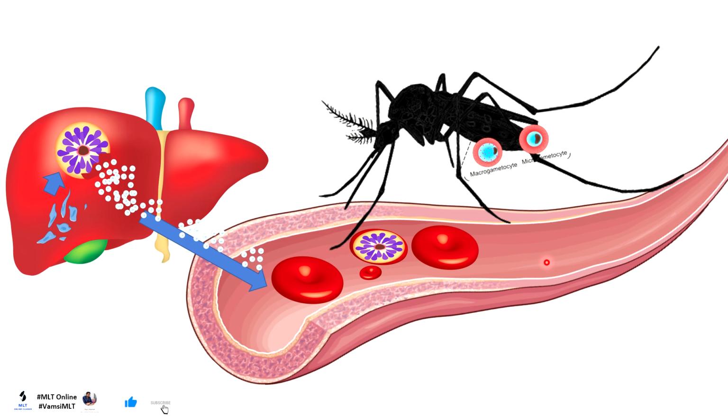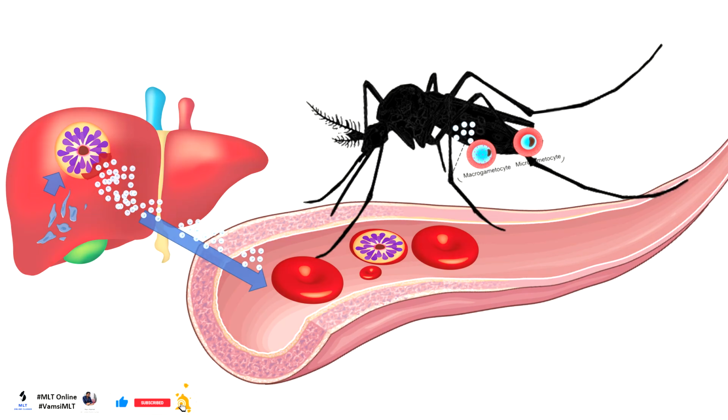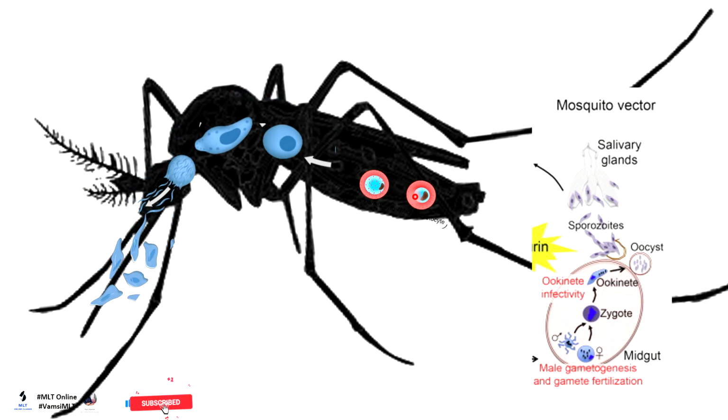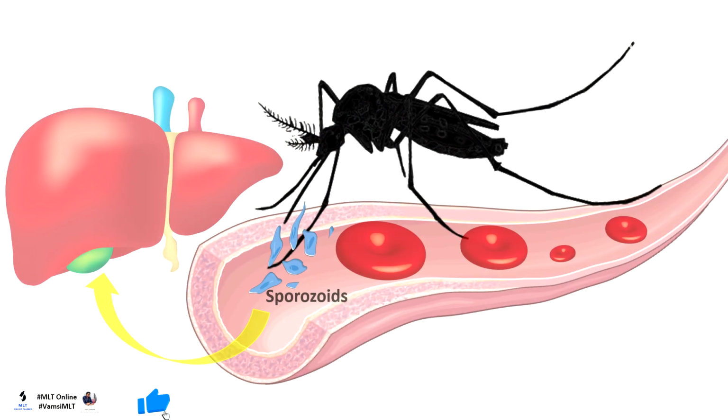Now the mosquito life cycle will start in the mosquito. So let's see what happens in the mosquito. The macrogametocytes and microgametocytes will undergo sexual transformation within the mosquito and will mature in the mosquito salivary glands, and they will release sporozoites again and the life cycle will continue.